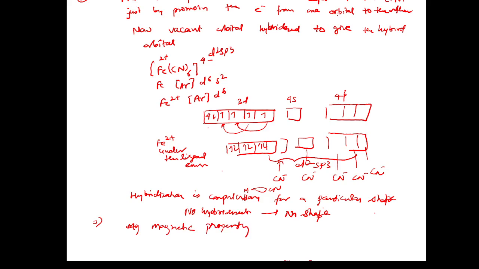Another thing is that they have not explained the reason. There is no reason why electrons are arranged like this. Suppose we take one complex like Mn(CN)6 4 minus. Now this is manganese in plus 2. First manganese is argon 3d5 4s2, so it is like d5.